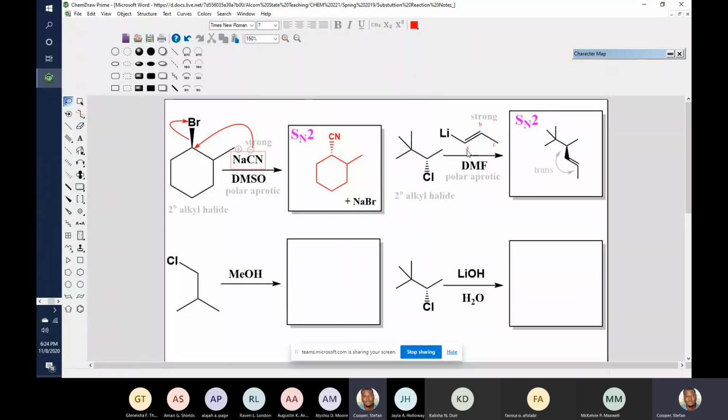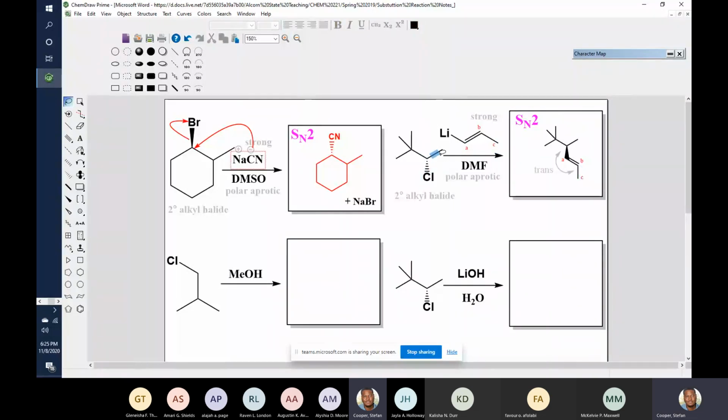So A is my nucleophilic site. Once I go back, this is A, and it's going to be double bonded to B. And it's going to be a methyl group that's C, right?